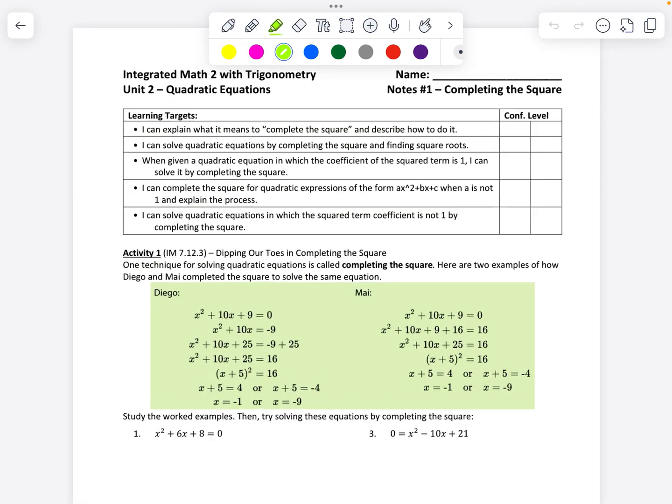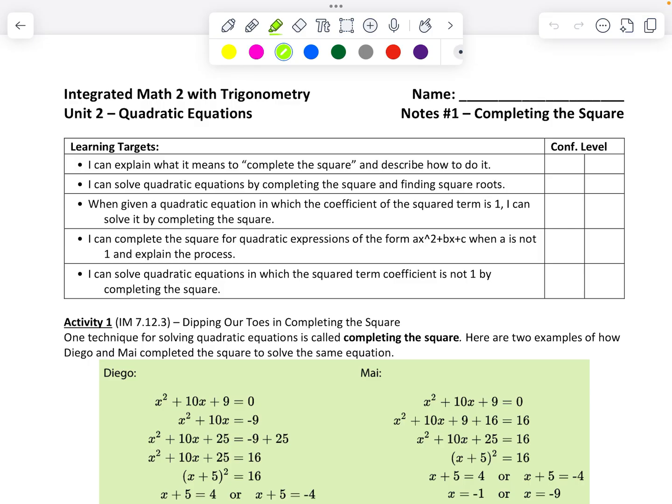All right, which brings us to day 1. We're going to do something called completing the square. All right, so take a look at the learning targets, particularly the verbs like explain, solve quadratics by using completing the square and finding square roots. Do it when the coefficient of the square term is 1.